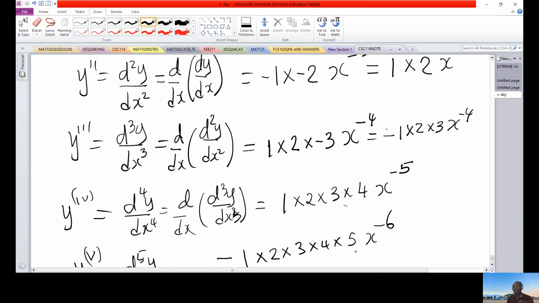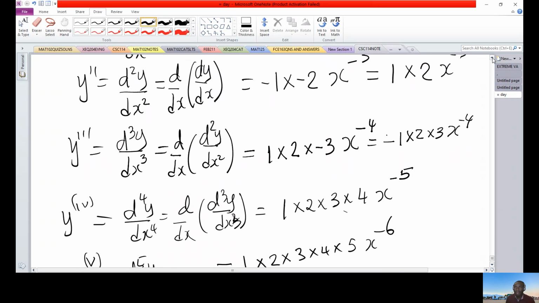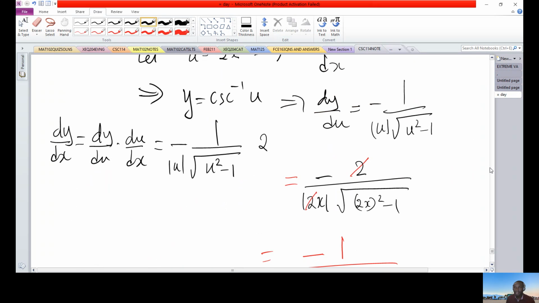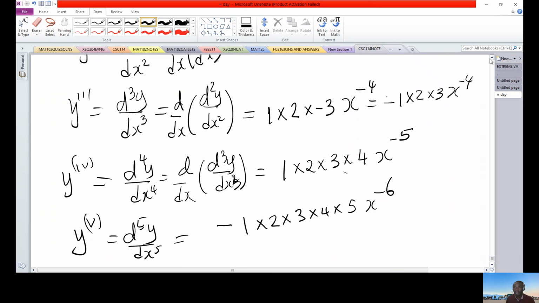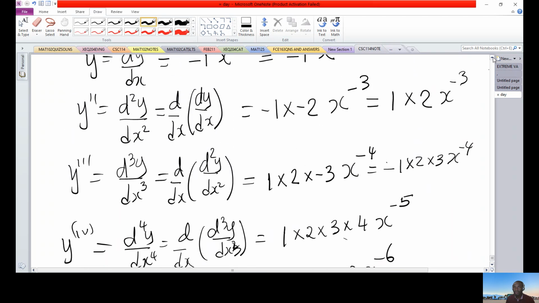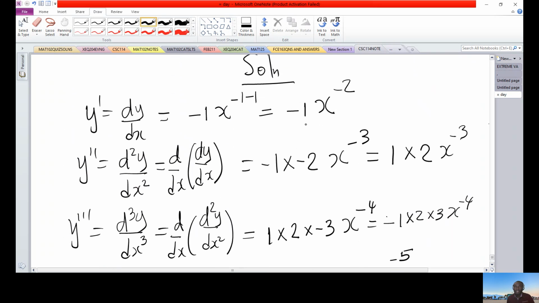Then for the coefficients, the first derivative has coefficient 1, regardless of the sign. The next one is 1 times 2. The next is 1 times 2 times 3. The next is 1 times 2 times 3 times 4. So then it should tell you something.